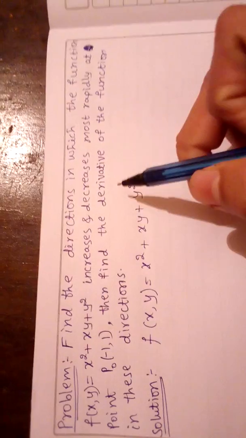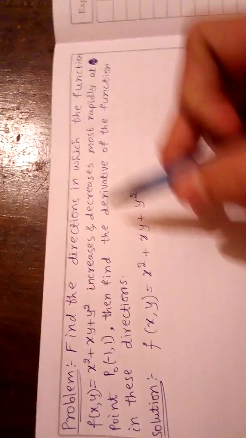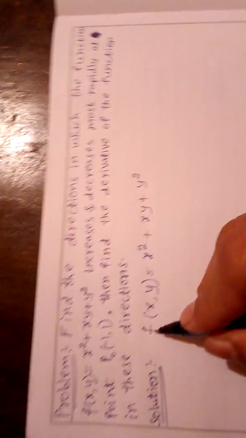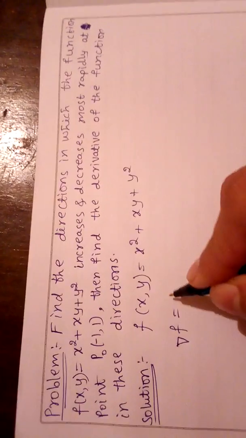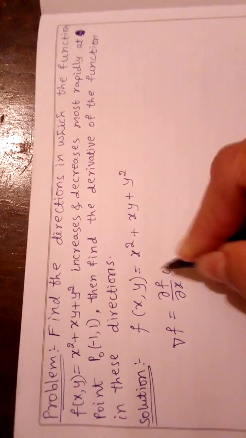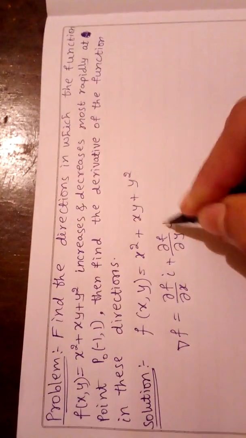To find the directions in which the function increases or decreases most rapidly, first we should find the gradient vector of this function. Gradient of f is equal to ∂f/∂x i plus ∂f/∂y j.